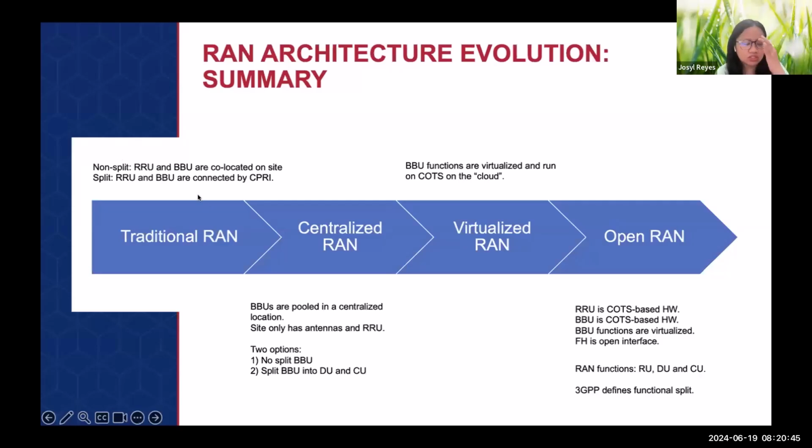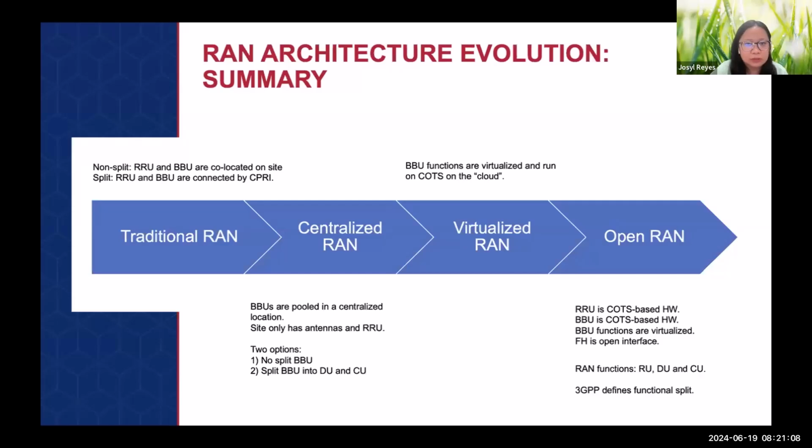Eventually, there are architectures like the centralized RAN, also known as cloud RAN. So not really on the cloud, but rather the idea that a lot of the baseband units are pooled in a centralized location, wherein the baseband unit will handle a lot of the antennas and RRUs far away.